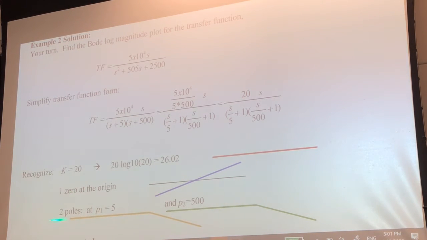You have two poles. One is at 5 corner, and this is 500, and this going down, and this one also going down. So then we get these 4, using just a superposition. Add them together. Then what's the resultant?